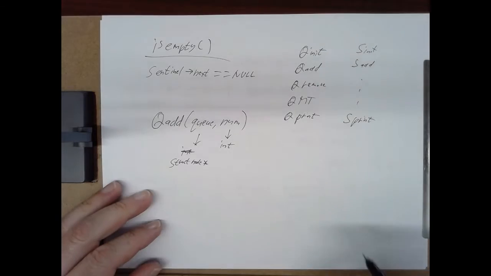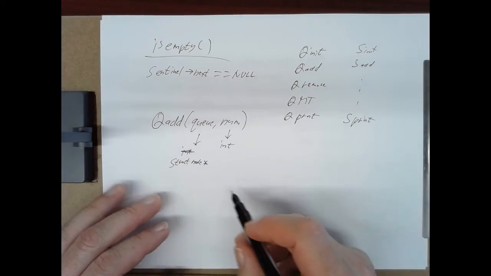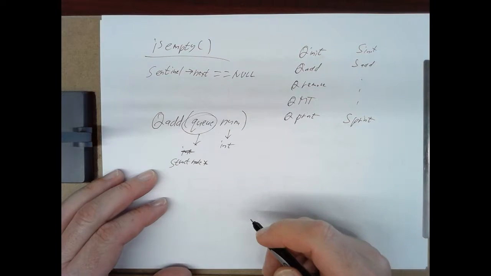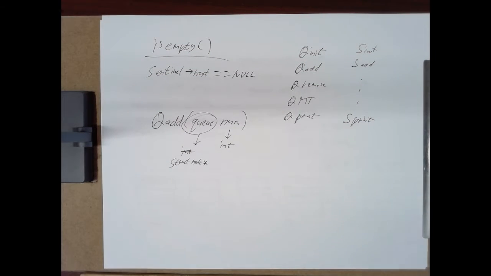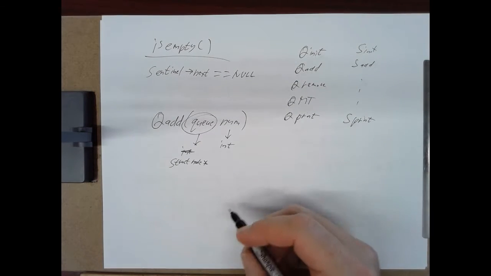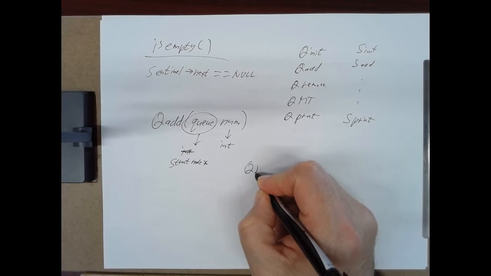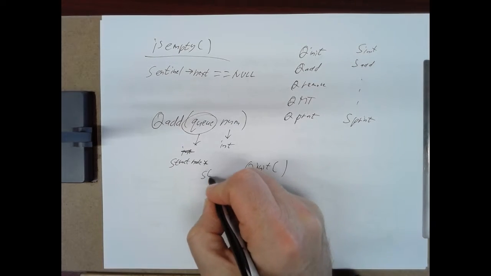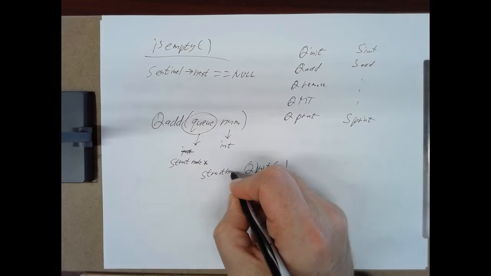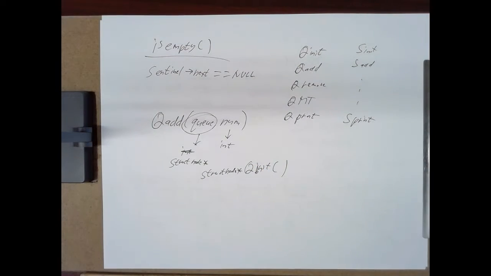So most of these routines, add, remove, empty, and print, you need to pass the pointer to the sentinel. Call it whatever you like. Could be Q sentinel and S sentinel. It could just be Q and stack. It could be Barney and Betty or whatever, your favorite. And Q init can be something that just returns a struct node star, like your init in PA2.